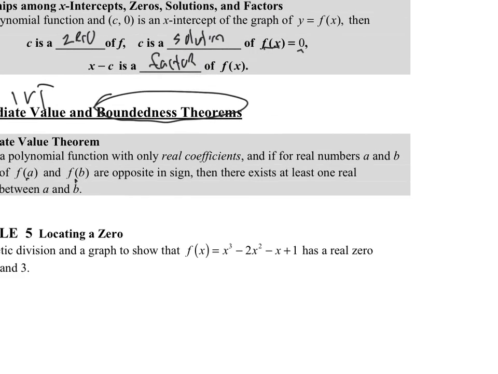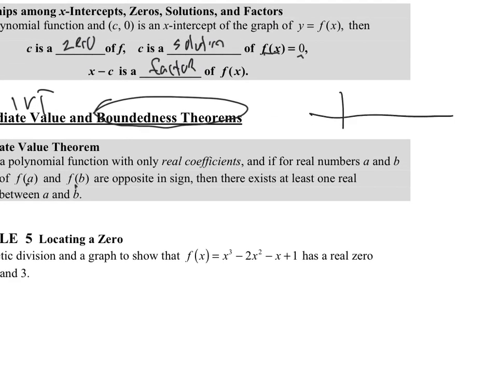Here's a, here's b, and he says opposite in sign, what he's saying is f of a could be up here, and f of b could be down here. They're opposite in sign.